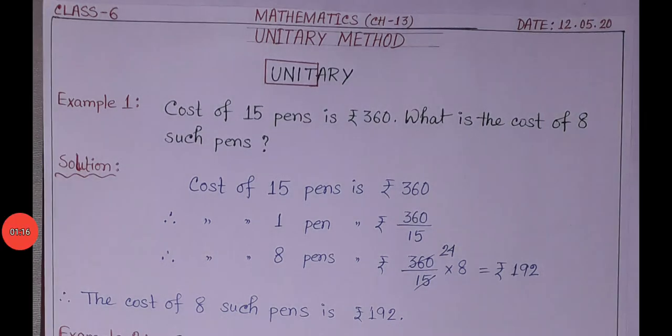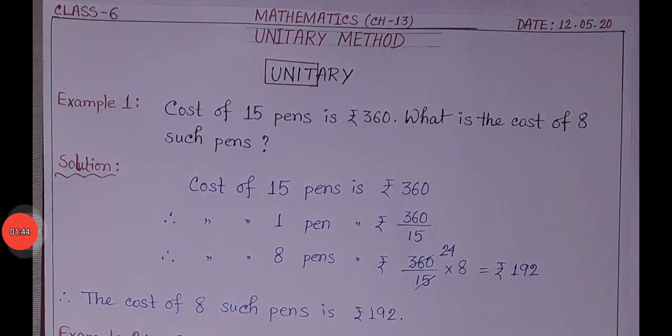come to the solution. It says the cost of 15 pens is rupees 360. Therefore, the cost of 1 pen is rupees 360 divided by 15. If we divide 360 by 15, we shall get the cost of 1 pen. And after that, the cost of 8 pens is rupees 360 by 15 into 8.